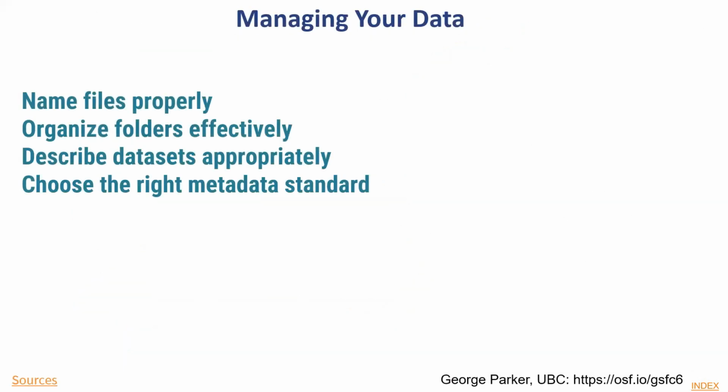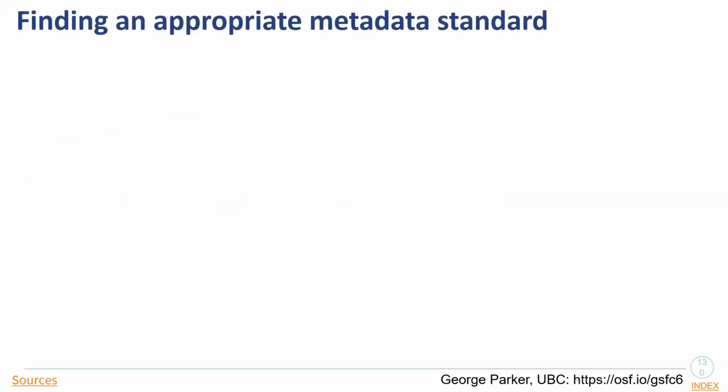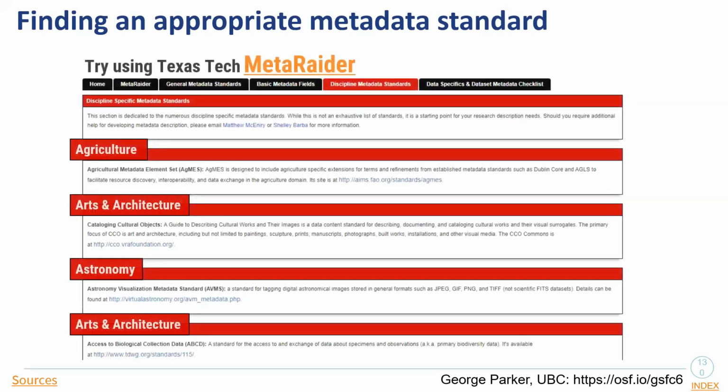Circling back to our earlier managing your data slide, I will admit to skipping the last item on this list, choosing an appropriate metadata standard. So if we look at that now, you can find an appropriate metadata standard by a number of means. One of them is Texas Tech's MetaRater, which inventories metadata standards by discipline.